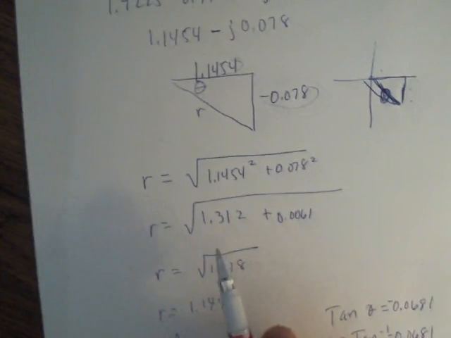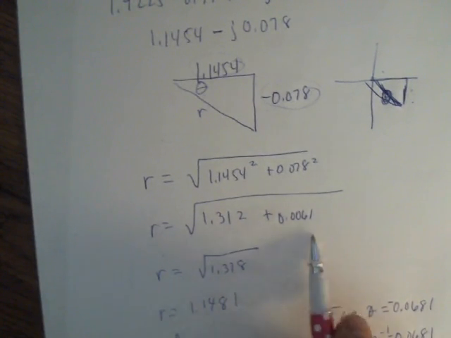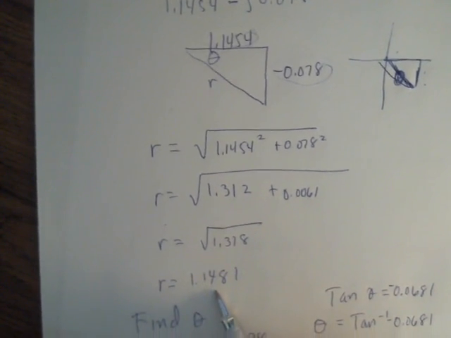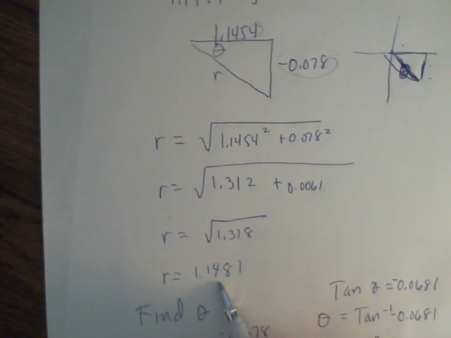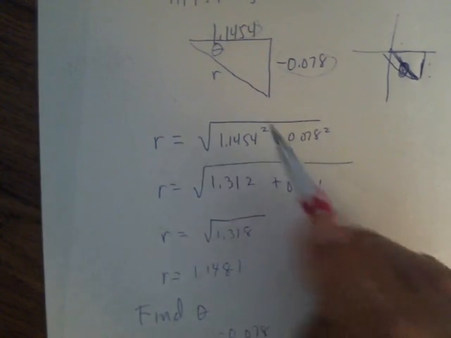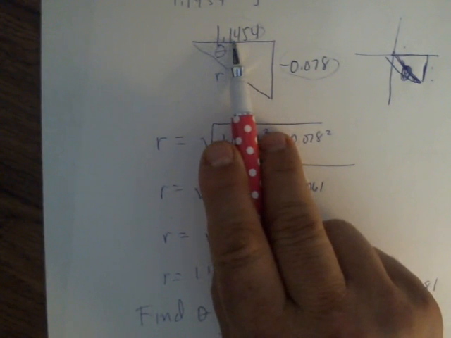Then I go ahead and square both of these. This is what I get. Add them together, and then I take the square root. I'm still rounding to 4 decimal places, because what you can see is that if I rounded these to 2 decimal places, they would both be equal, and you can't have that in a right triangle.